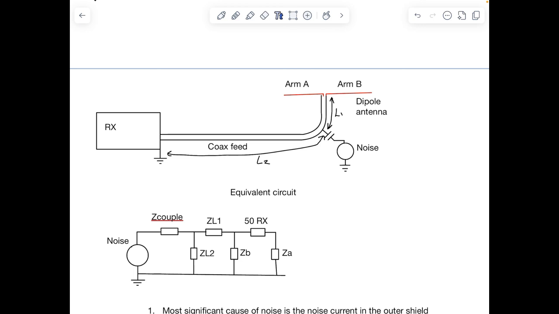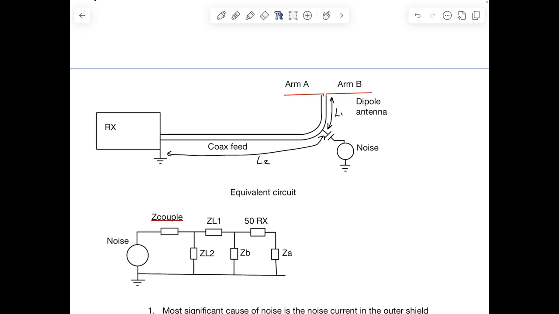There are no chokes or balun or anything on this, and I've modelled the noise source as a voltage source with some capacitive coupling onto the external surface of the coax at some arbitrary point along the length of the coax, and there's a distance of L1 to the dipole and a distance of L2 back to the receiver.